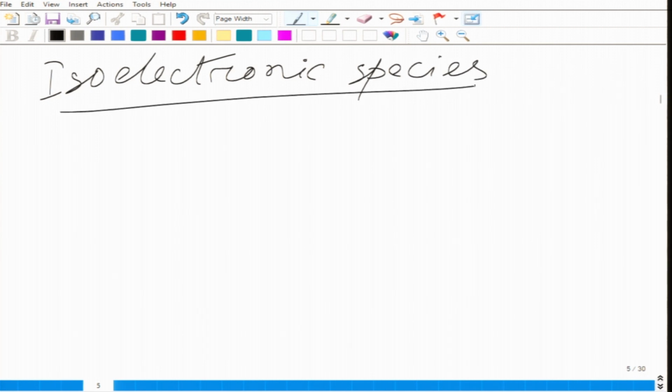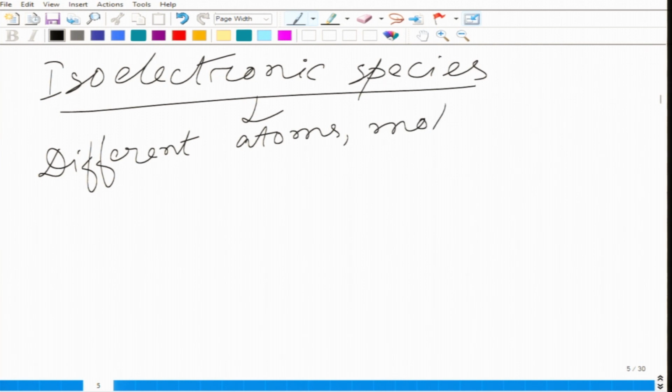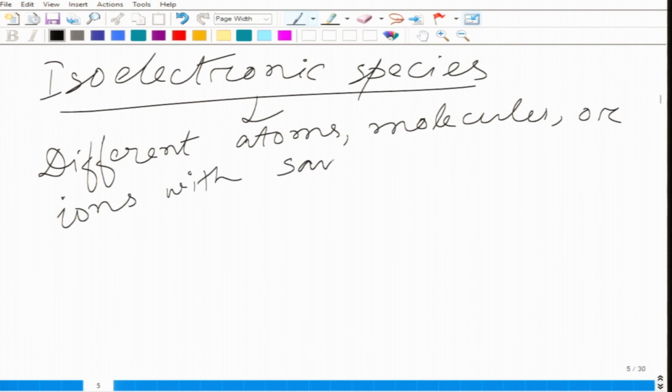What are isoelectronic species? So, of course, it is very obvious from the name. Isoelectronic species means different atoms, molecules or ions with the same number of electrons.